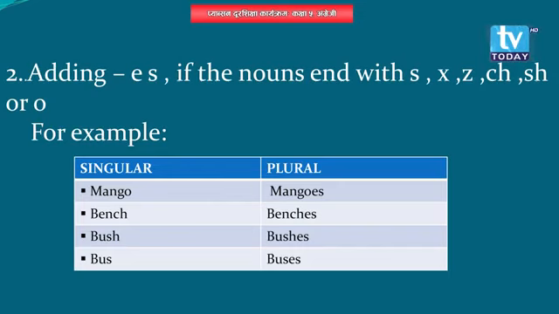If the noun ends with S, X, Z, CH, SH or O, then the noun can simply be changed into plural form by adding ES. There are lots of examples around us where we can get particular instances connected with this second rule.